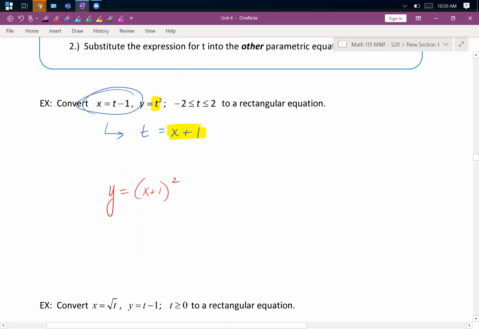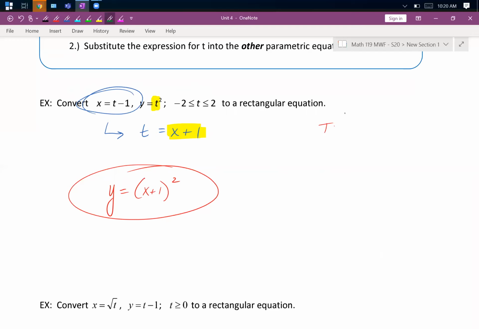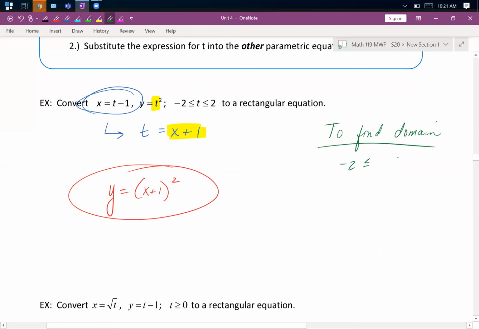If you're asked to find the domain, you can easily find it if you've solved the x equation for t. So to find the domain, right now we have it defined that t is in between -2 and 2, but we've also established that t is equal to x plus 1, and we need the x equation solved for t to be able to do this, because domain is x values, not the y value.